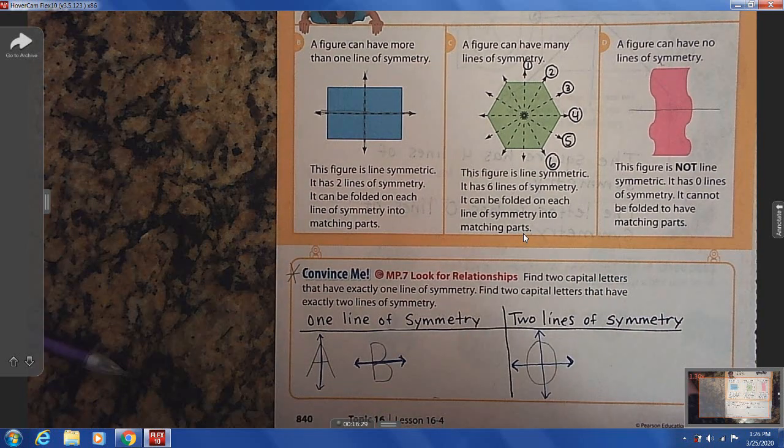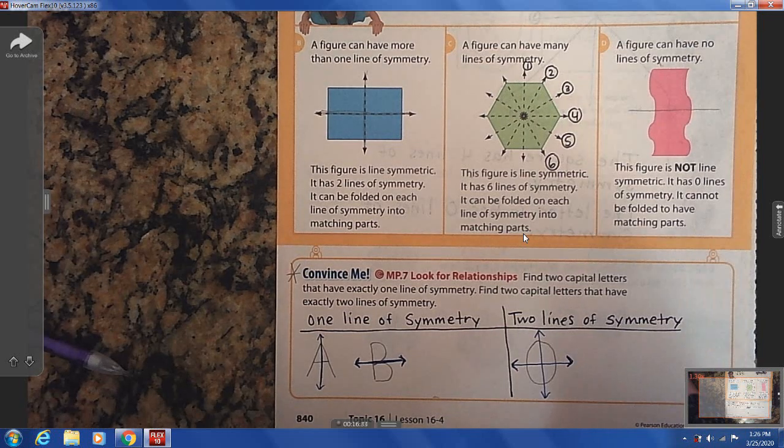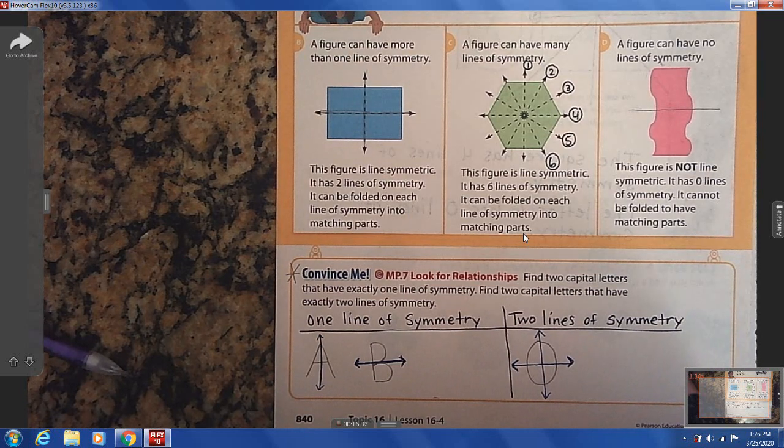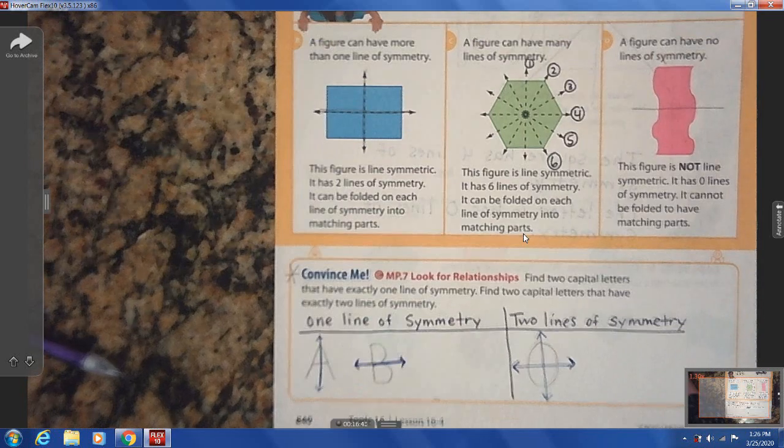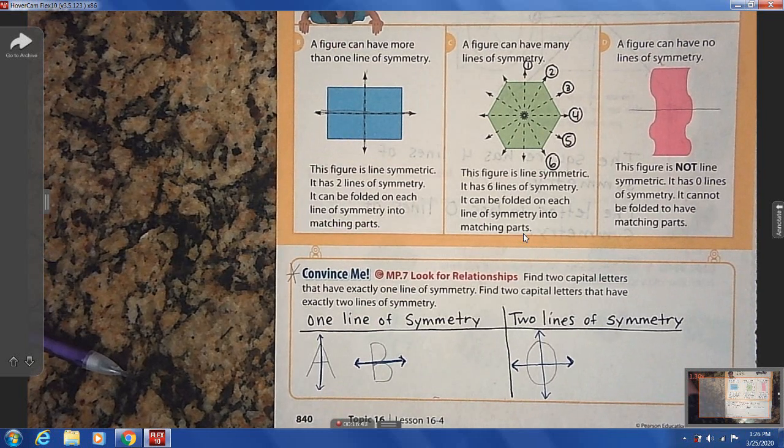And then, what other letters are there that have lines of symmetry? I'm just going through the alphabet in my head, and I actually have, oh no, I thought I had an alphabet paper, but it's numbers, so I was wrong.